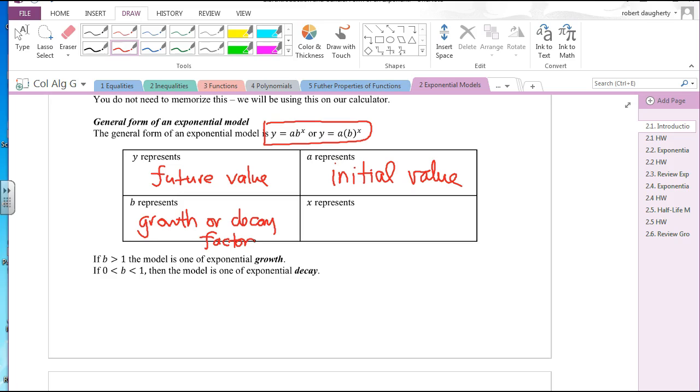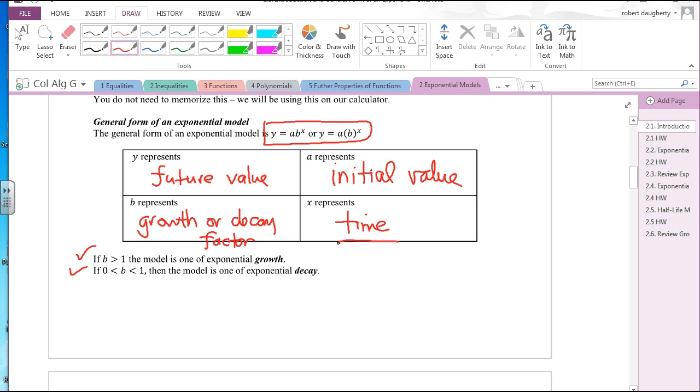That's decaying, okay? So if this b is a number greater than 1, I've got exponential growth. If it's a number between 0 and 1, it's a fraction, then I've got exponential decay, or decline.